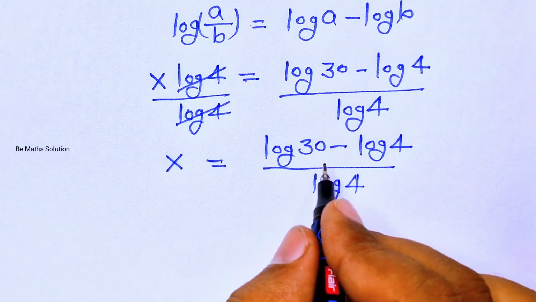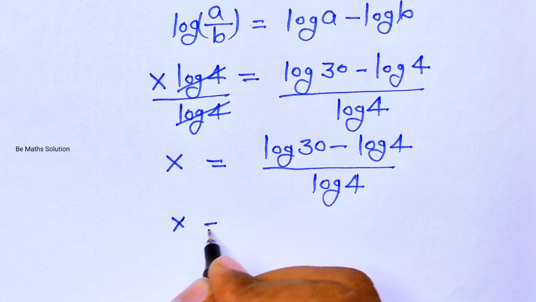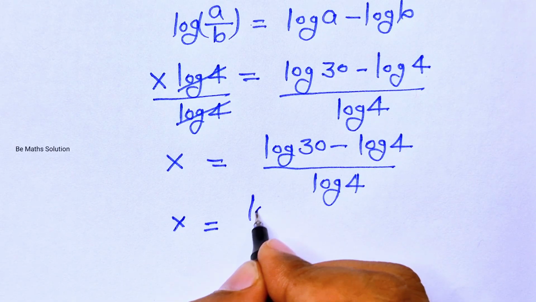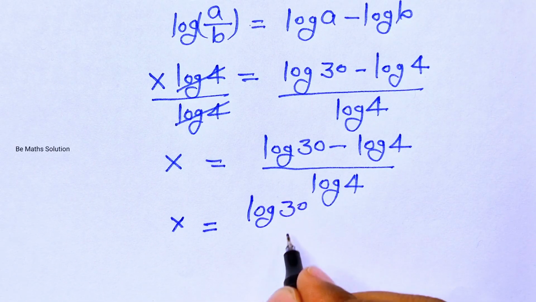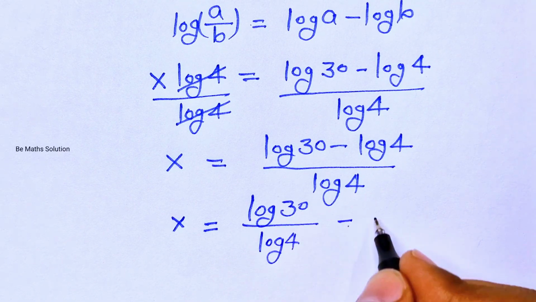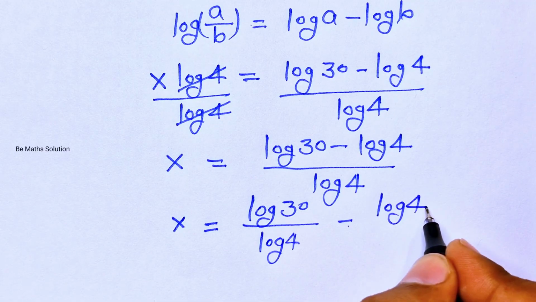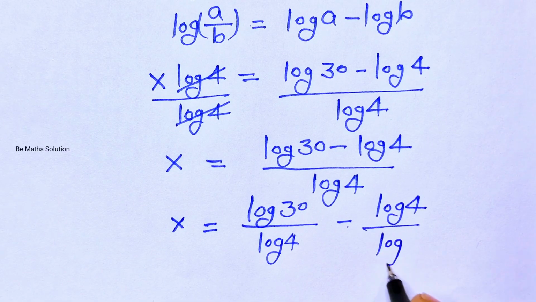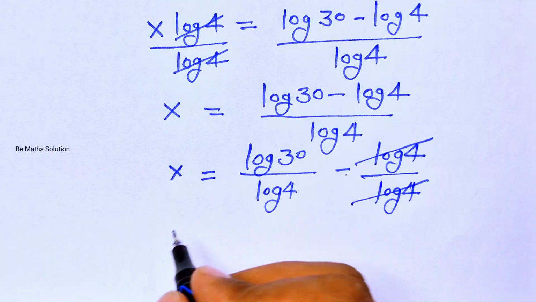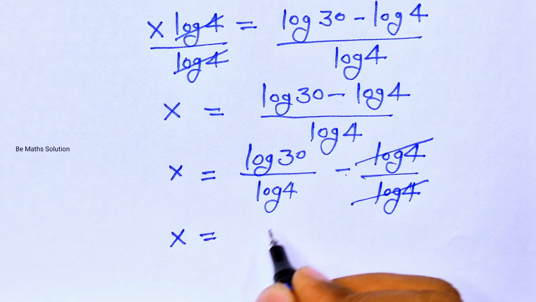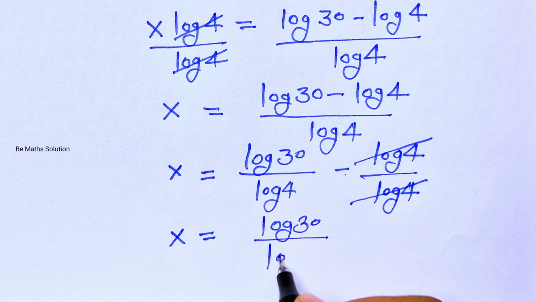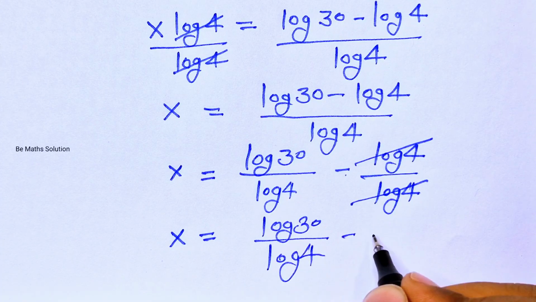Now at this moment, it will be x is equal to log 30 divided by log 4 minus log 4 divided by log 4. This log 4 and this log 4 are cancelled. So it will be x is equal to log 30 over log 4 minus 1.